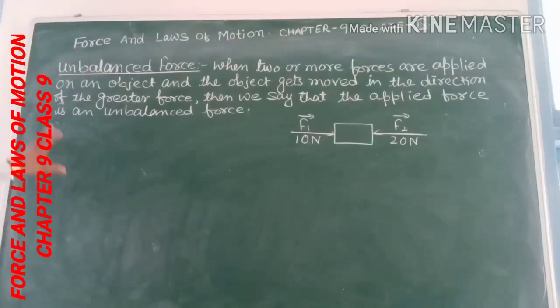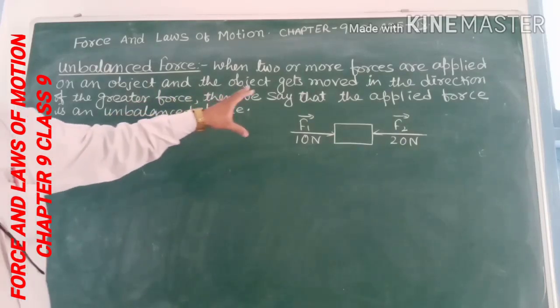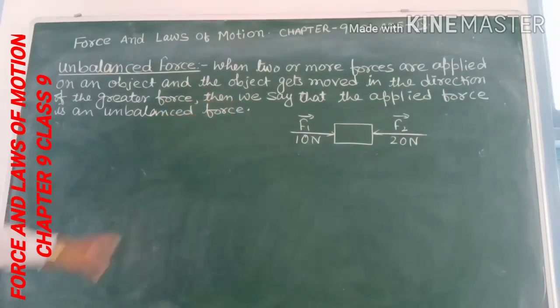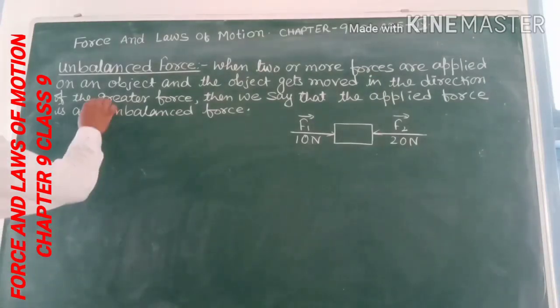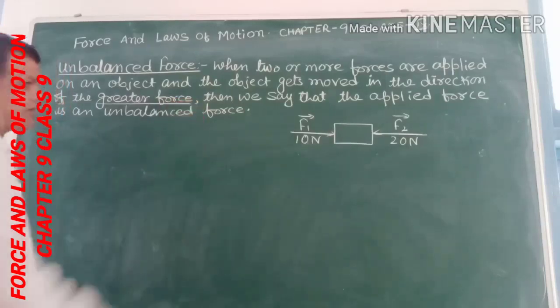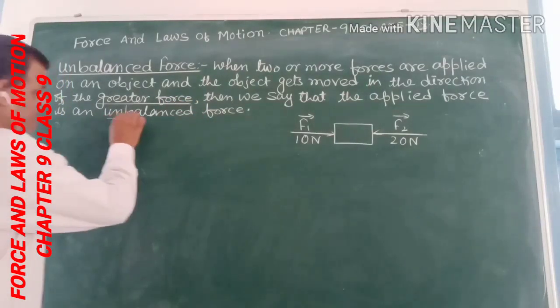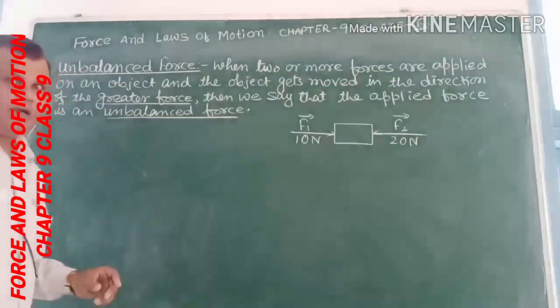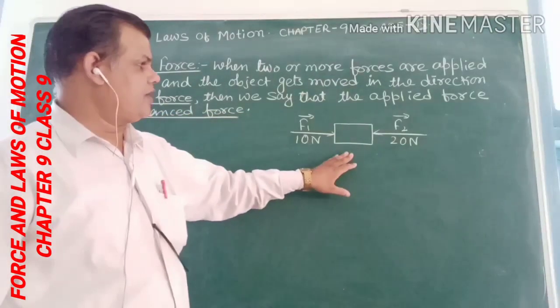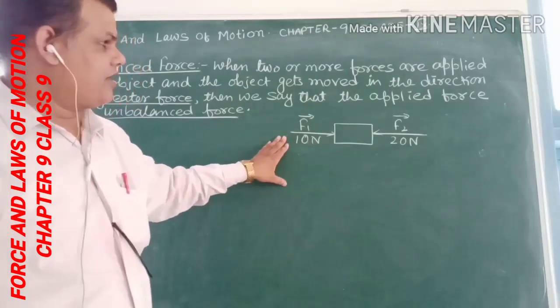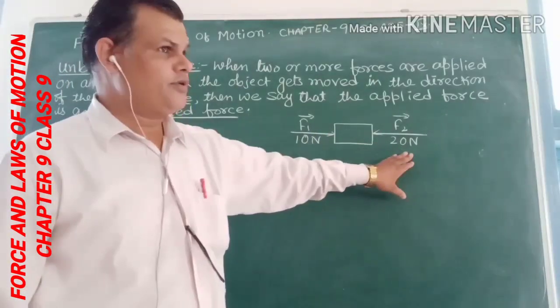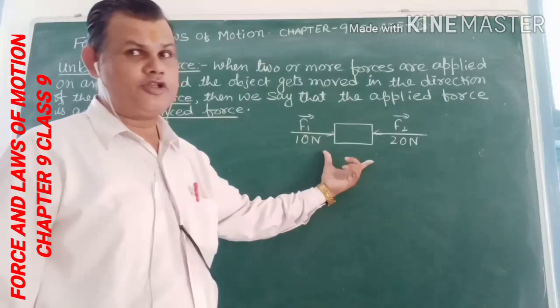Now, about the unbalanced force: when two or more forces are applied on an object, if the object moves in the direction of the greater force, then we say the force applied is an unbalanced force. Again, in this figure, suppose F1 is acting in this direction and F2 is acting in this direction, but their magnitudes are different.